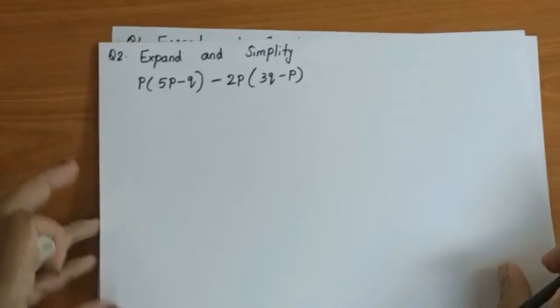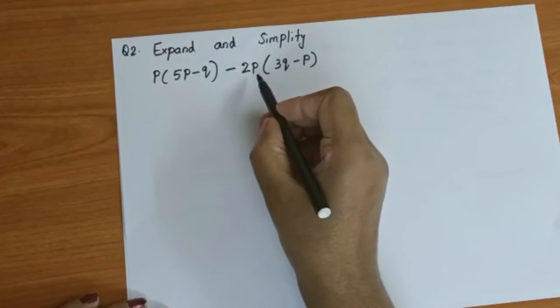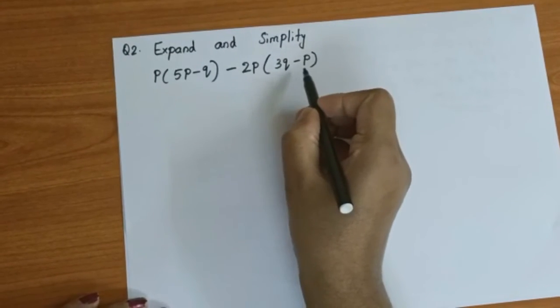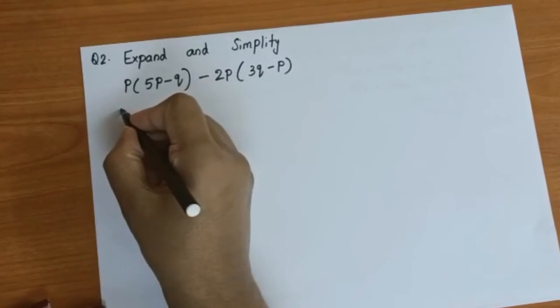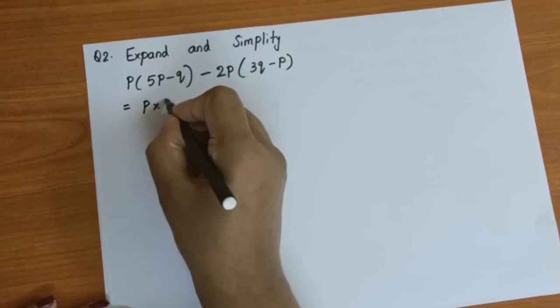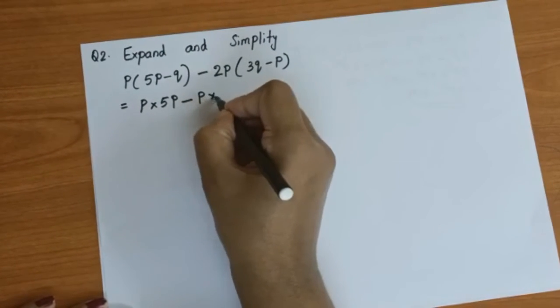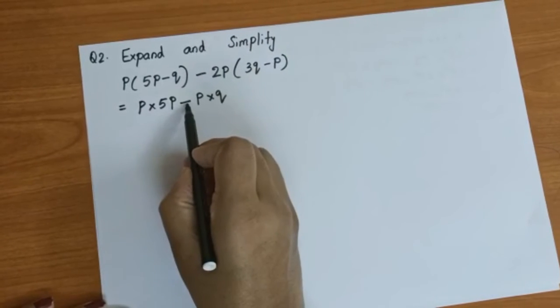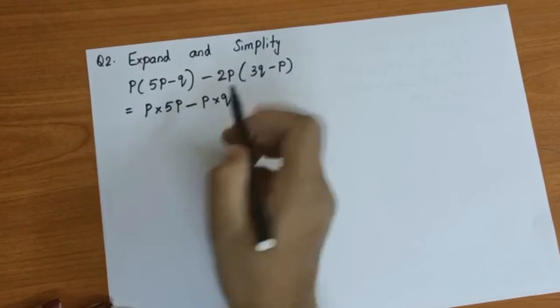Then we have another question. Expand and simplify p(5p - q) - 2p(3q - p). Like before, we can open this bracket using p. So p into 5p, minus p into q. I use minus here because the sign is negative.